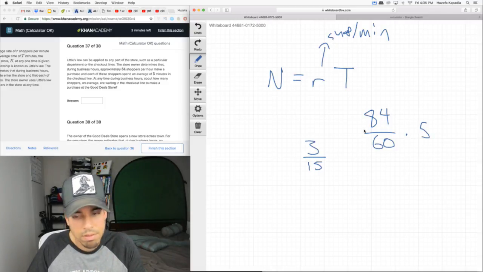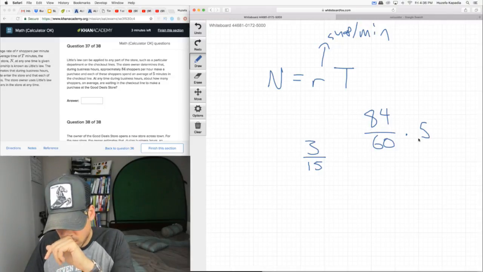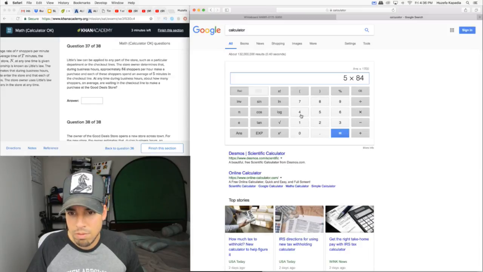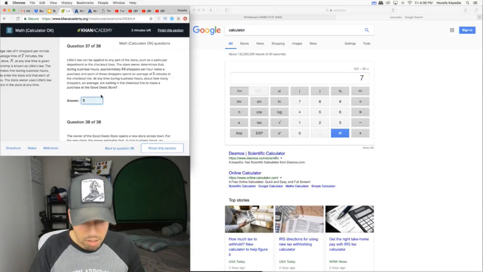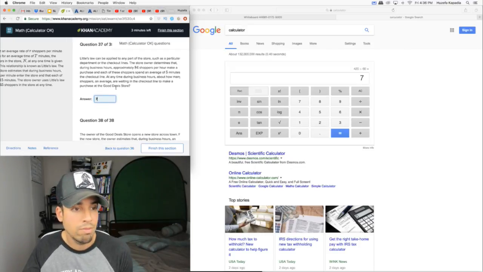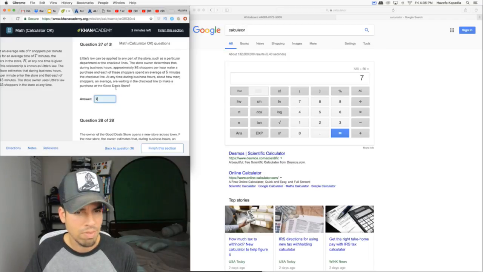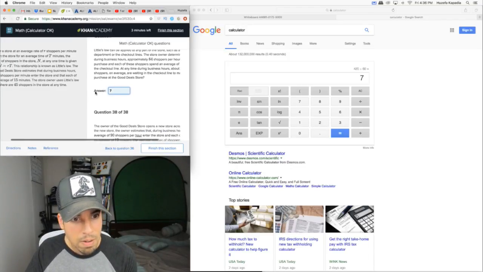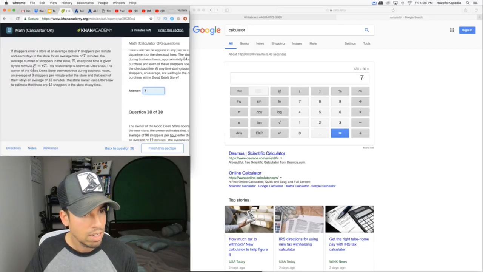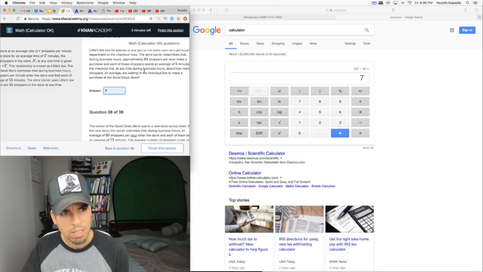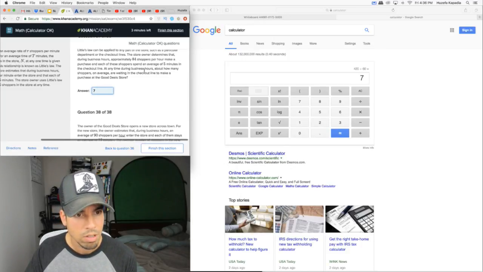Times 5. I'm not really sure. Okay, 5 times 84, this divided by 60 is 7. I don't know. This is confusing me. I just basically plugged it in. 84 shoppers per hour, so it's 84 over 60. Each one spends 5 minutes in the checkout line. Like, are they in there longer than just the checkout line? And then that all equals N. I don't know. I'm confused.